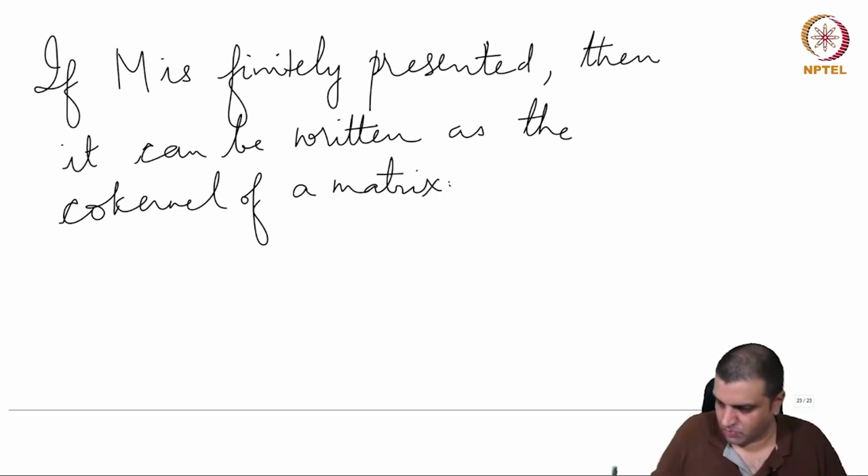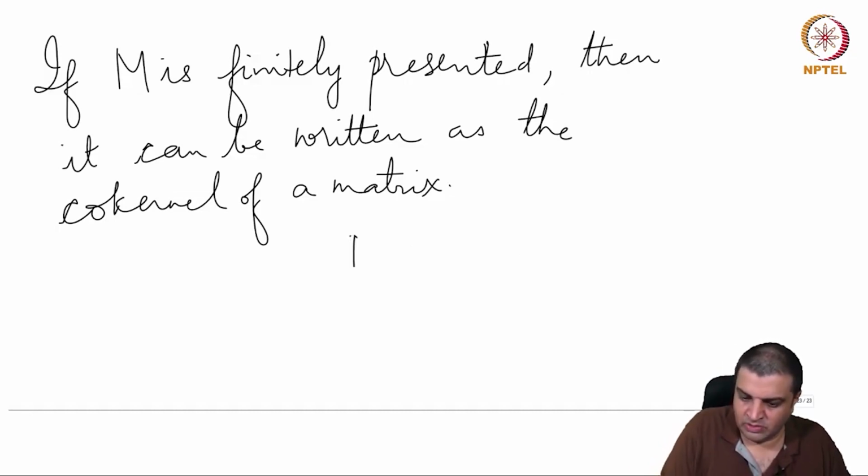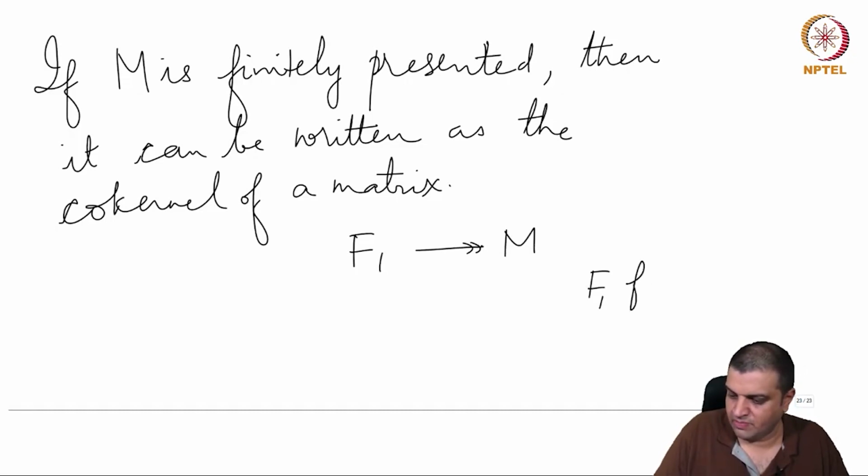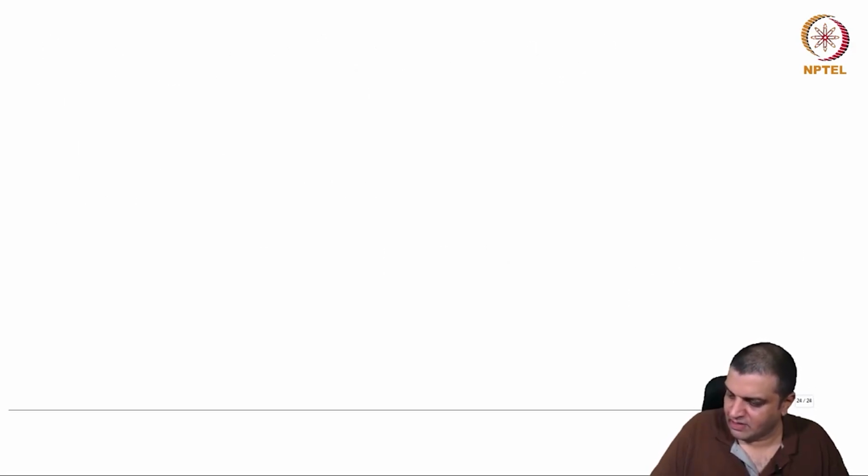How? Recall, let's assume M is finitely presented. Then there is some F1, a free module of finite rank, surjecting onto M. Finite rank just means, like vector spaces, finite dimension.